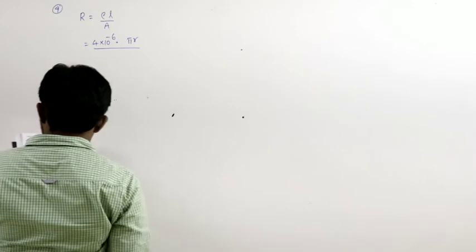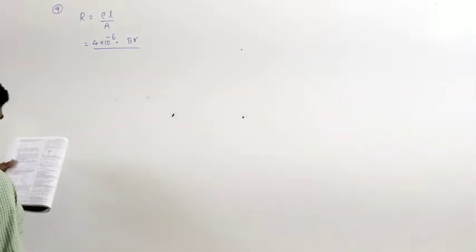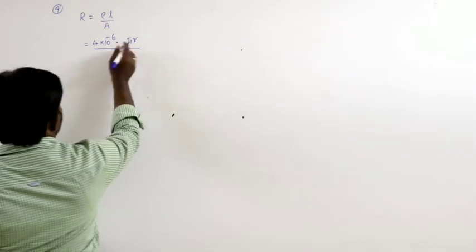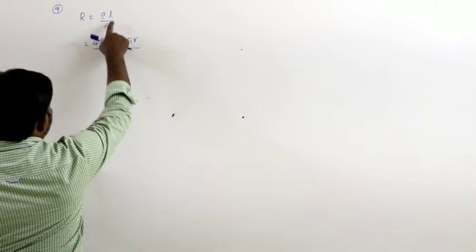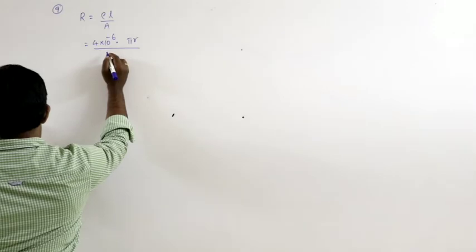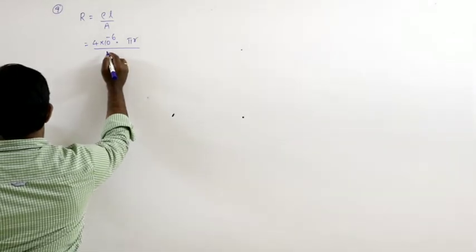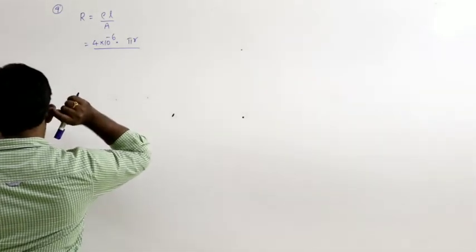The thickness is 3 centimeters and 4 square. So R is equal to rho L by A, where length is nothing but pi r here, and the area of cross section is the area of the half circle.